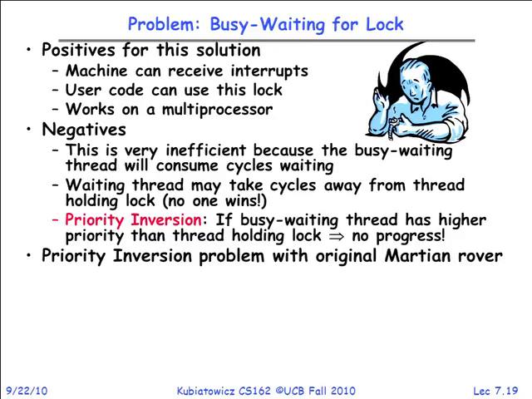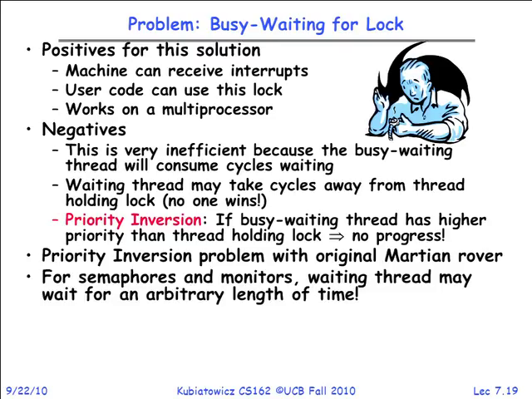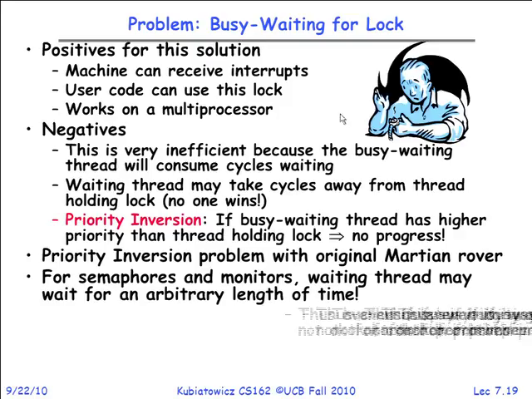But it was a priority inversion issue. And of course, with semaphores and monitors, the thread may wait for an arbitrary length of time, which would be kind of bad if we're spin waiting. So, never put busy waiting into your solutions.